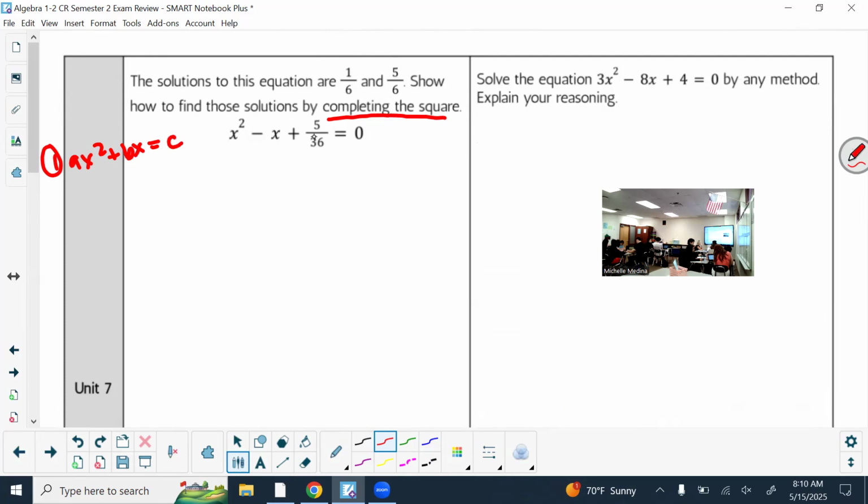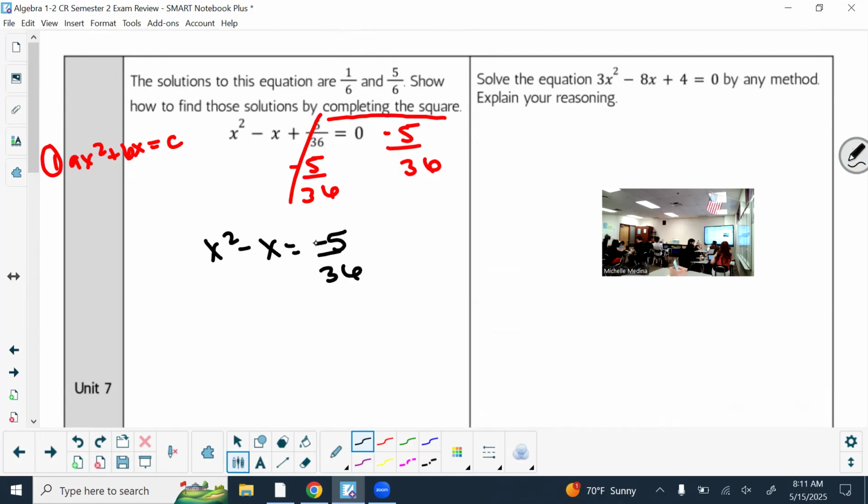We want to move this to the other side. How do I move it? And whenever you go on one side of the equal sign, even just that step alone, they get you some points. Because that's one correct step then. So I get x squared minus x equals negative 5 over 36.